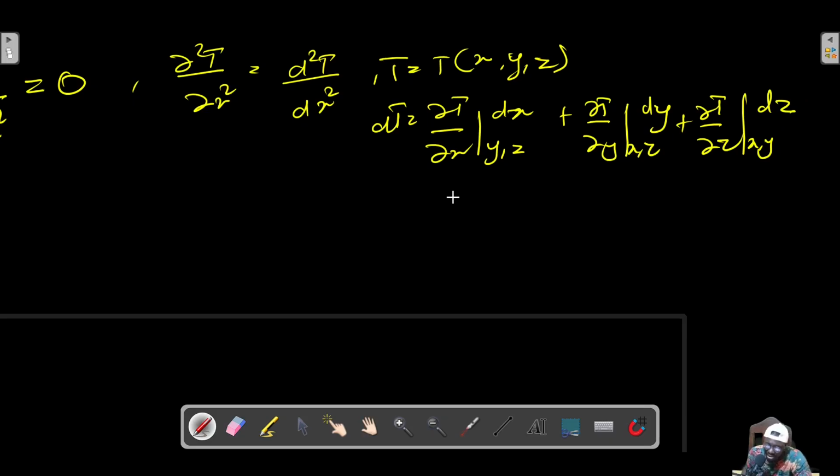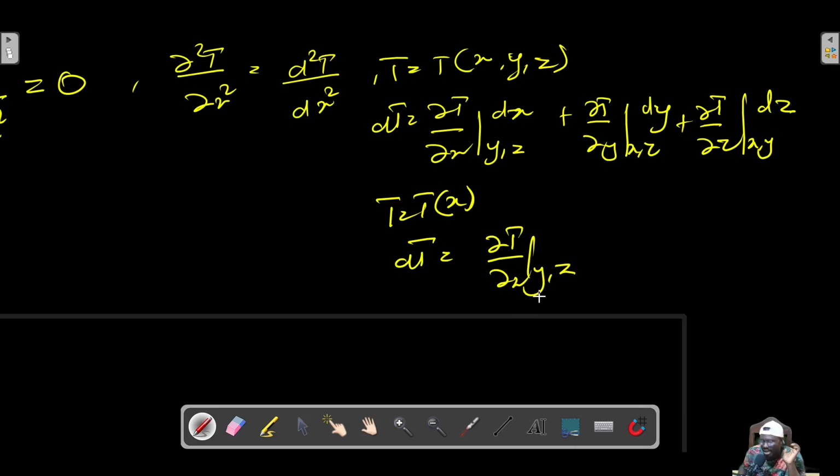Now there's one thing you need to know. For this particular scenario, temperature, as I said, is only a function of one single spatial coordinate, which is x, so the partial derivative of the temperature with respect to the other axes goes to 0. So what will my equation be now? dT is equal to del T del x holding y and z constant, dx. The others go to 0.